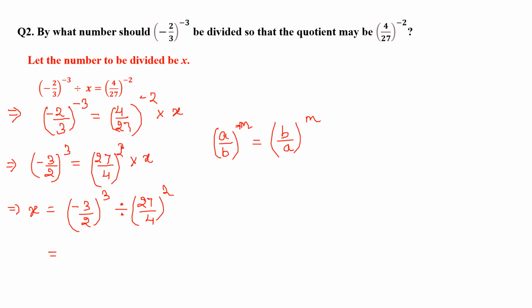Now minus 3 cube will be minus 27 and 2 cube is 8. Now I'm going to change division to multiplication. So it will become 4 square by 27 square, right? Now next what I will do, minus 27 divided by 8, 4 square is 16, divided by 27 square I am writing as 27 by 27.